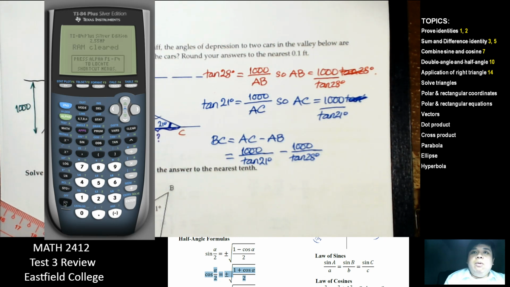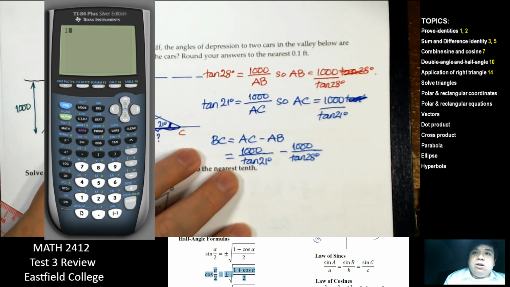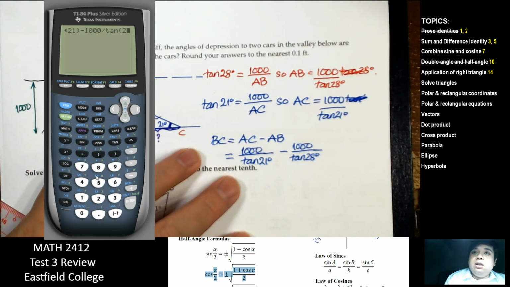I'll make sure that it is in degree mode first before I do this. So 1000 divided by tangent of 21 degrees, minus 1000 divided by tangent of 28 degrees.